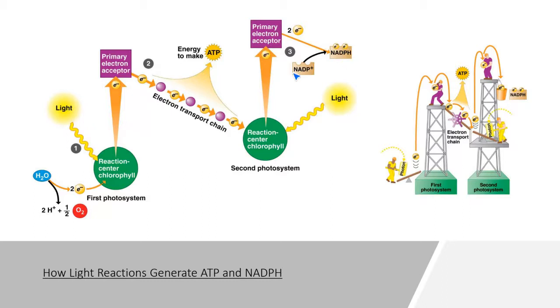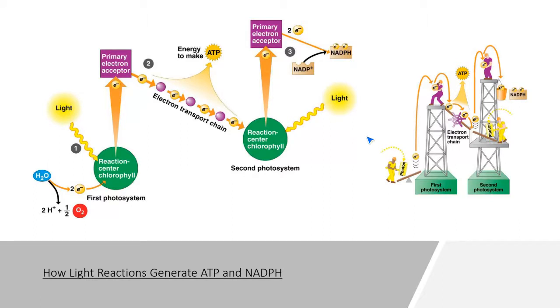And what happens here is NADP plus, which is the oxidized form, gets reduced. Reduced means it gains electrons, and that's why NADPH is the reduced form, because it has electrons.